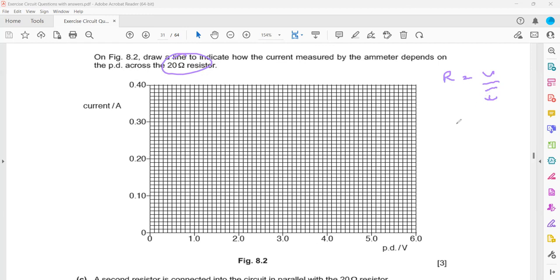To find the current, it will be voltage divided by resistance.